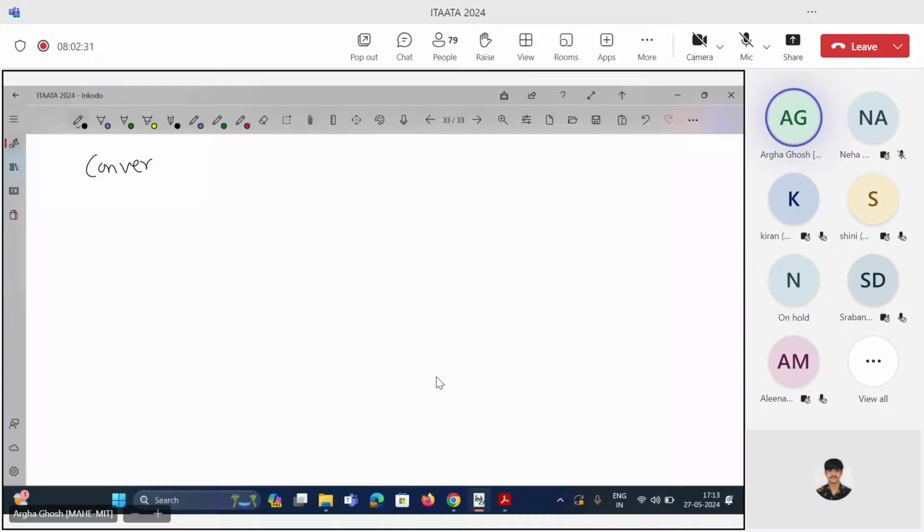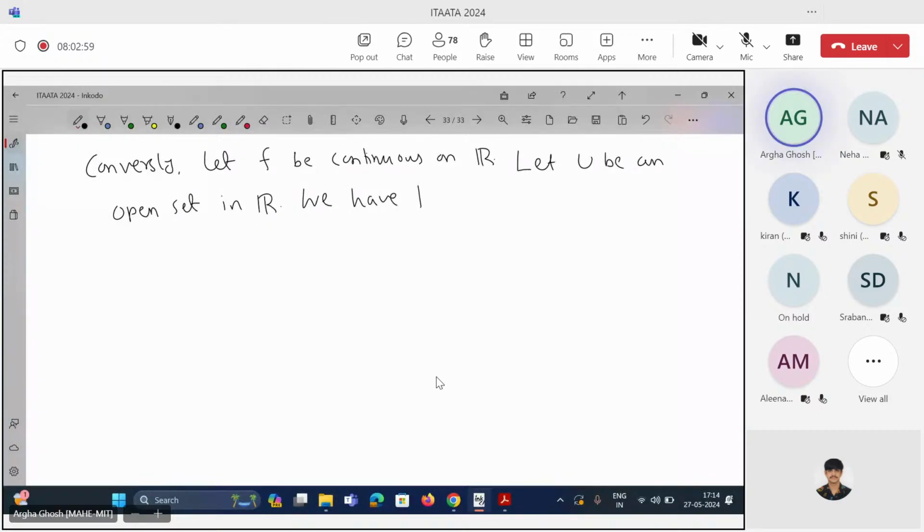Let F be continuous on R. Let U be an open set in R. We have to show F inverse U is open in R.